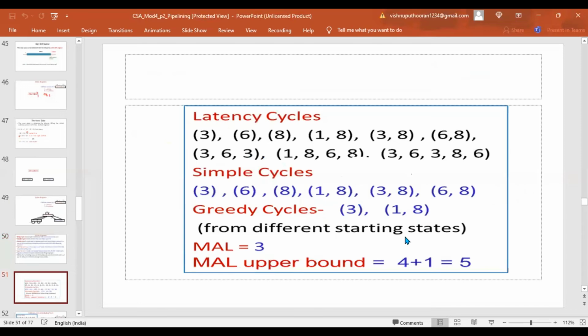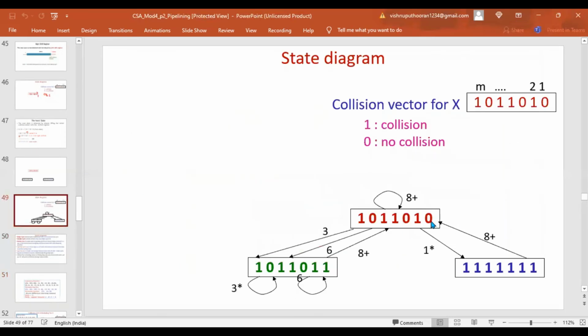So here we got a number of latency cycles. 1 and 8 make a cycle.